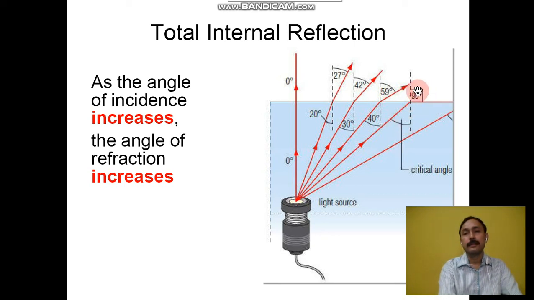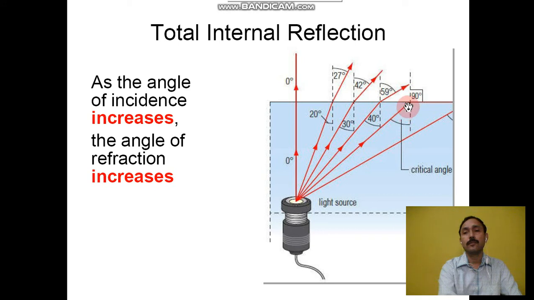Then this incidence angle, for which the refracted angle is 90 degree, is known as the critical angle. So critical angle is that incidence angle for which the refracted angle becomes 90 degree.